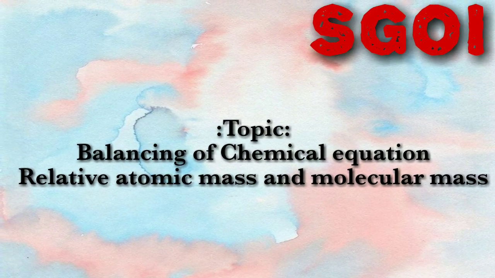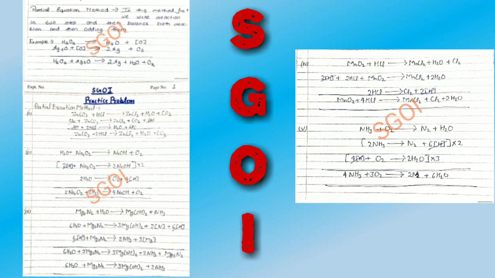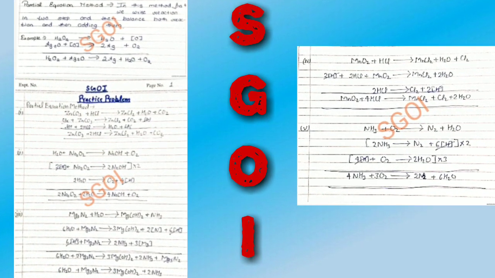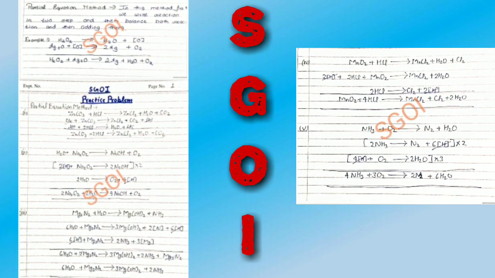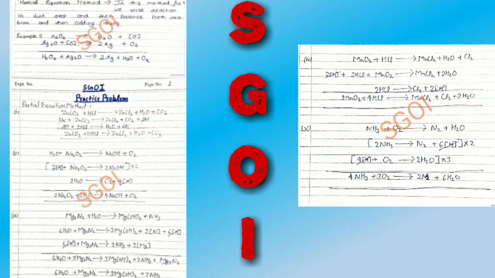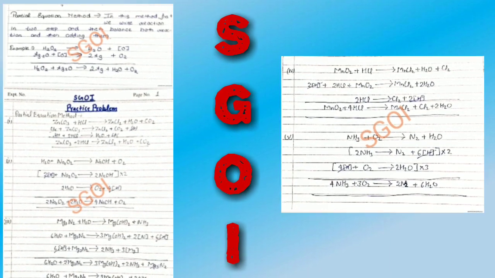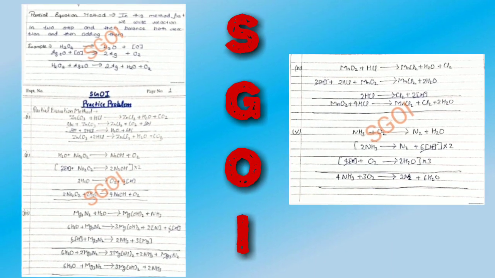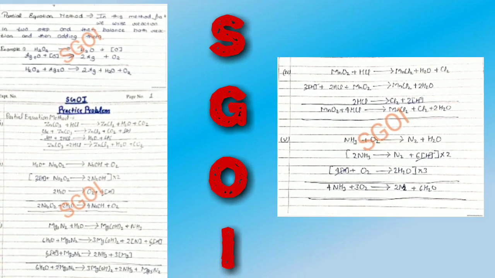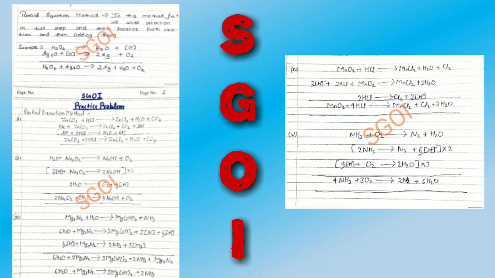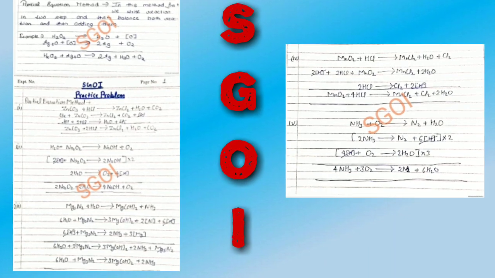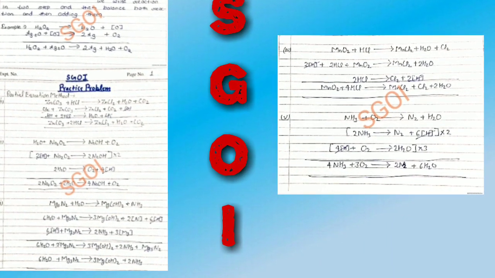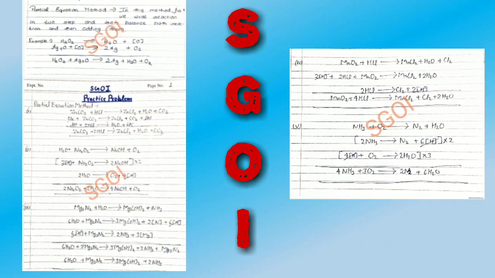So student, in partial equation method, first we write the reaction in two steps and then balance both reactions individually and then add them so that you get the final balanced equation.